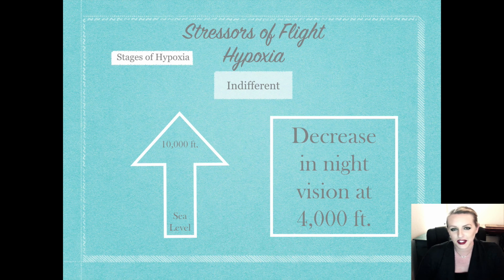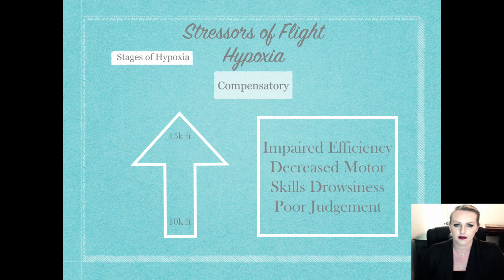By the way, smokers are in a constant state of indifferent. They're in that stage of hypoxia. Then we move into our compensatory stage, and this is 10,000 feet to 15,000 feet without oxygen. So you have impaired efficiency, a decrease in motor skills, drowsiness, and poor judgment.